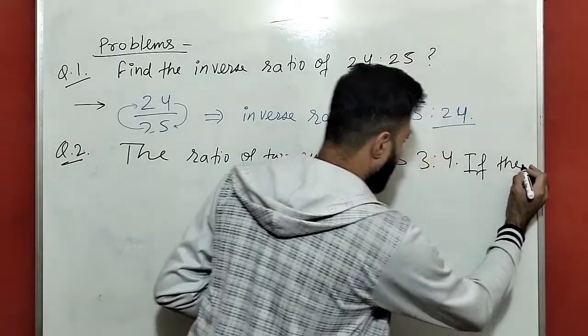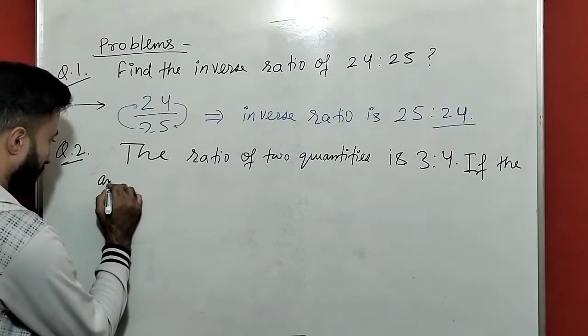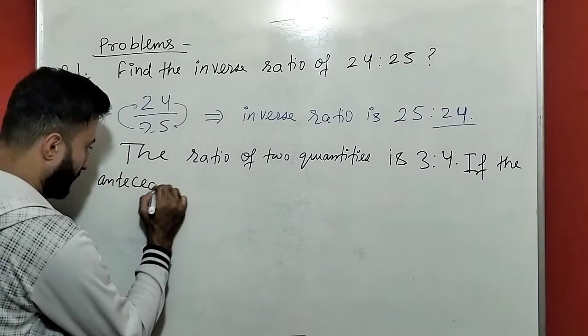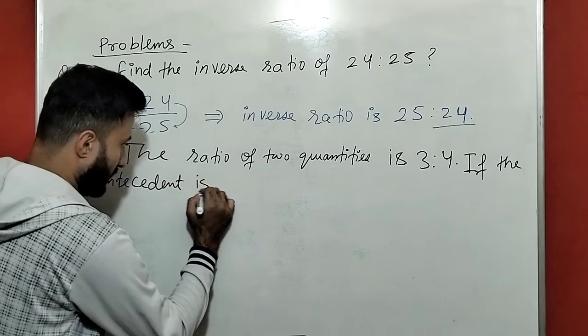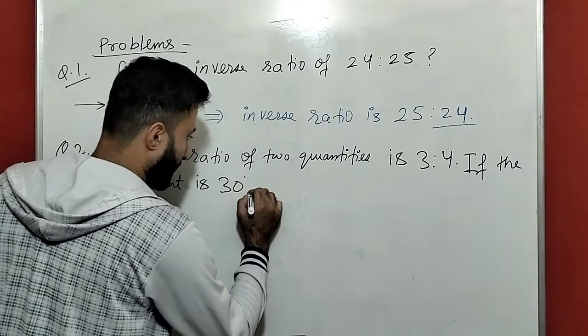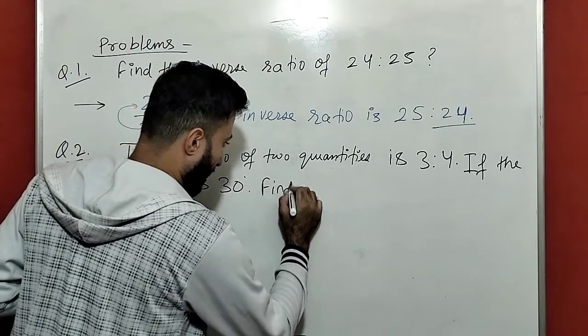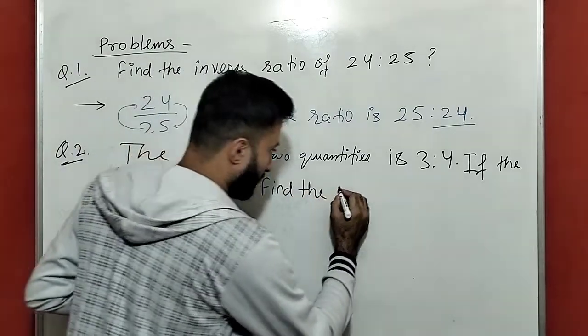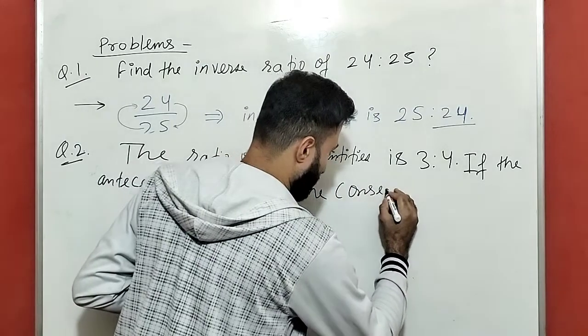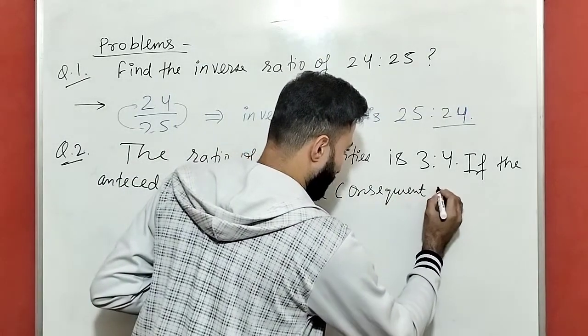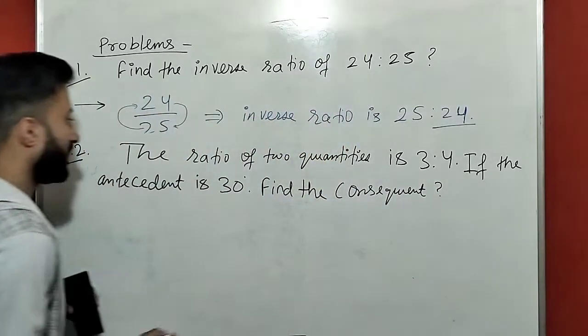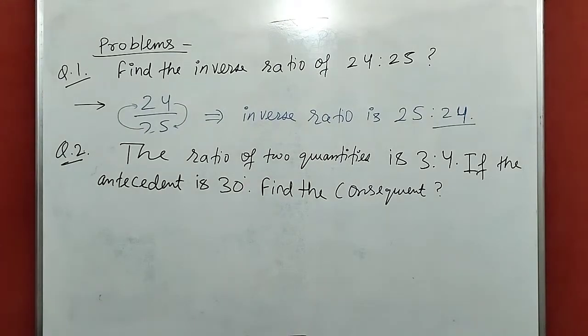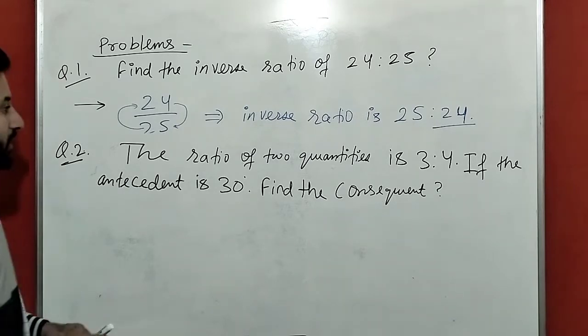If the antecedent is 30, find the consequent. Okay, so this is the given question.